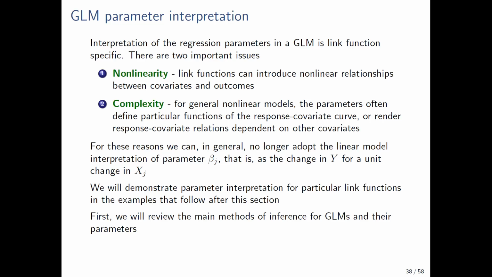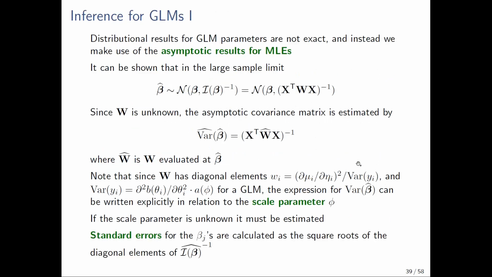First though, let's review the main methods of inference for GLMs. So inference. Distributional results for GLM parameters are not exact. Instead, we make use of the asymptotic results for maximum likelihood estimates that we established in the previous section.